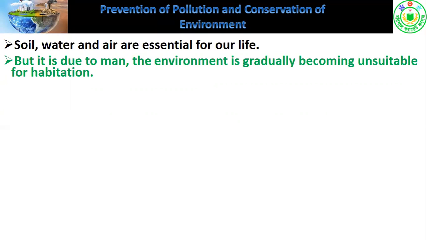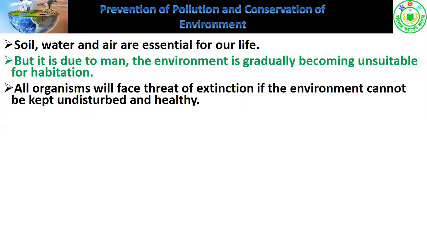But it is due to man that the environment is gradually becoming unsuitable for habitation, because we the people are contaminating or polluting the environment. All organisms will face threat of extinction if the environment cannot be kept undisturbed and healthy.